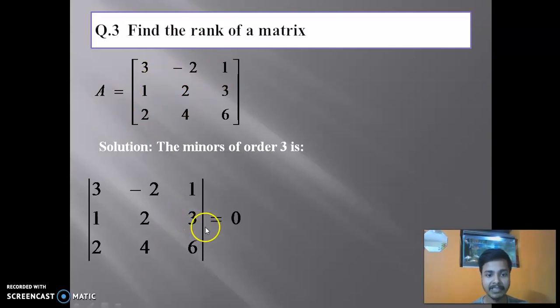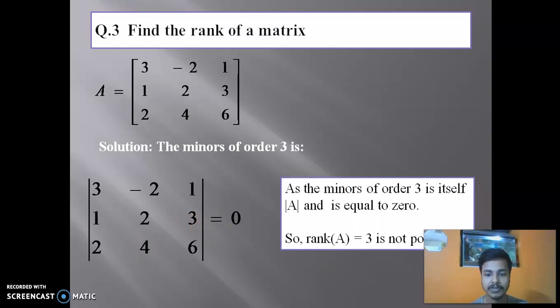Why? Because the minor of order 3 is 0. So as rank of A equal to 3 is not possible, we are going to find the minors of order 2. And how many minors do we want? We want only one minor which gives a non-zero value. So let us find out.